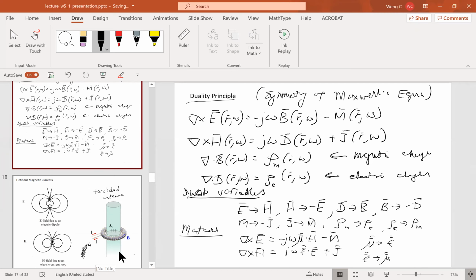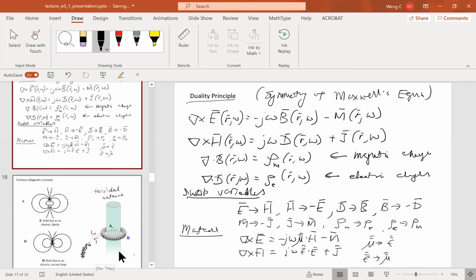Yes, I have a question. Yeah, sure. What about the fact that we have no magnetic charges, monopoles, I mean? We are assuming that there are magnetic charges here, but there are some problems where you can make fictitious magnetic charges, even though we cannot make real magnetic charges.